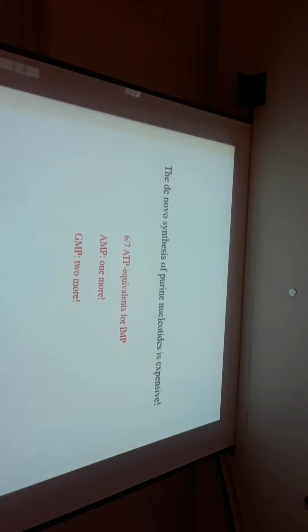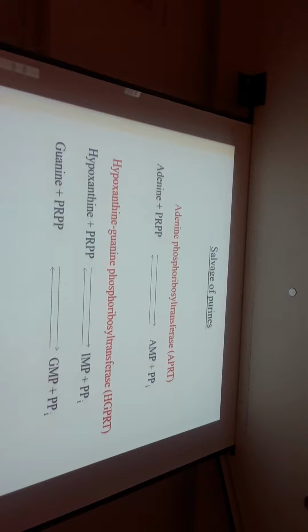So this is very cost intensive, and for that reason it's also important that the purine ring system, if it is actually produced in degradative processes when DNA and RNA is degraded, is also reutilized. And this can be done in so-called salvage pathways for purines.